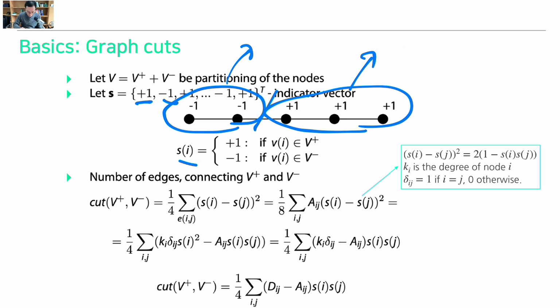The definition is here: if node i is part of V plus, we give +1, otherwise -1. So we try to develop an algorithm to return this s_i.